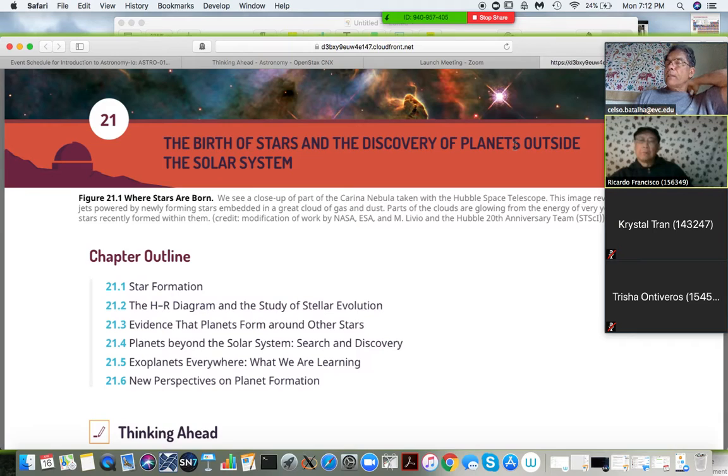They independently took information about several stars and coordinated this information in a diagram that we now call the HR diagram, or Hertzsprung-Russell diagram. The highlight of this lecture is the HR diagram, which is an evolutionary diagram. So let's go through sections 2.1 and 2.2, and then the planets.